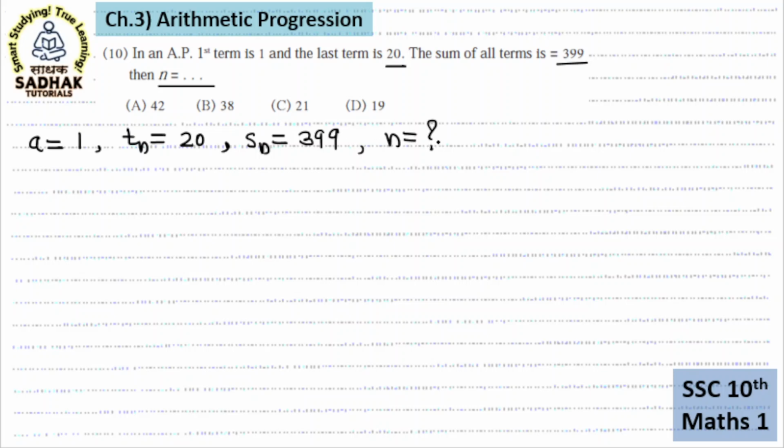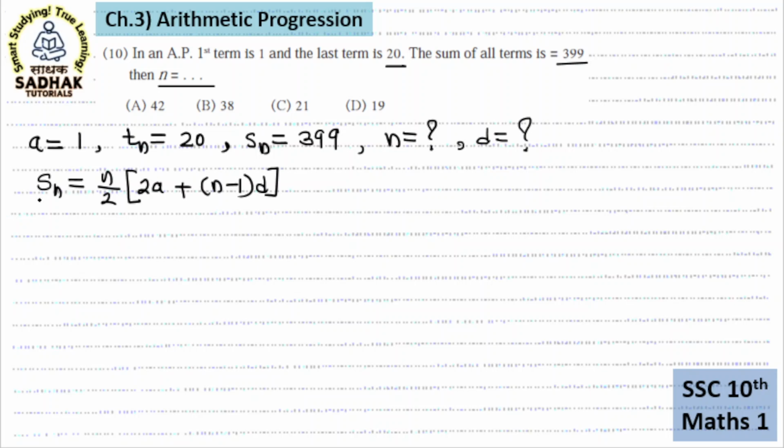Okay, now if we have to find out what is n, we will need the value of d. Okay, we will need the value of d. Without the value of d, we will not be able to find out what is n. Okay, so for that, let us use the formula for Sn. So Sn, as we all know, Sn is equal to n upon 2 bracket 2a plus n minus 1 bracket close d.